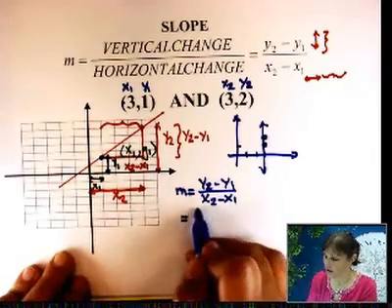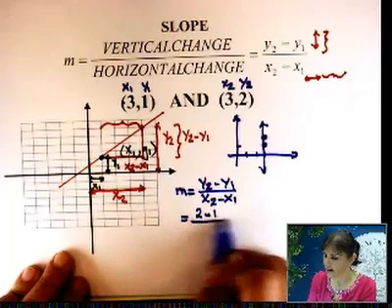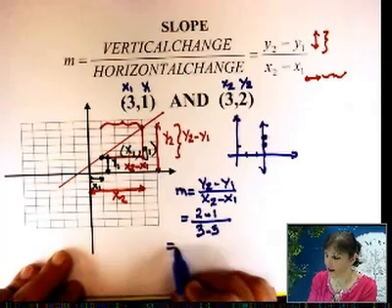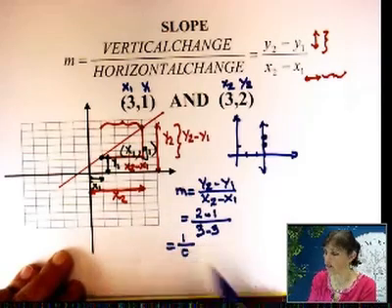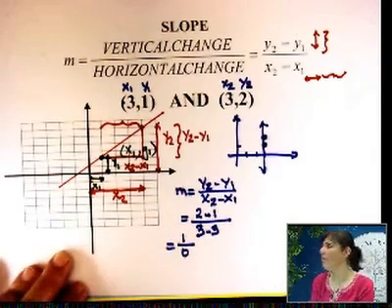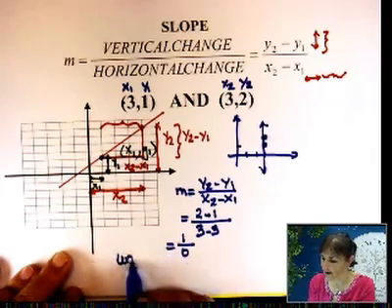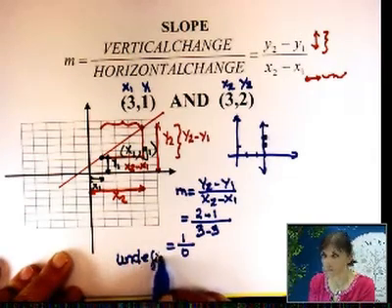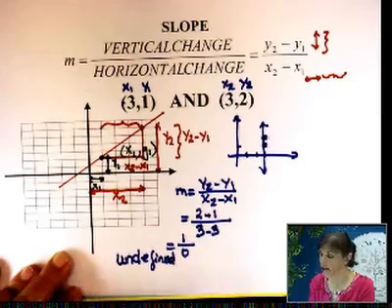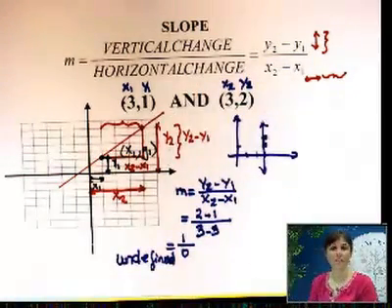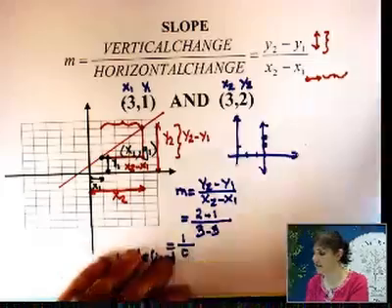Y2 is 2, Y1 is 1, X2 is 3, X1 is 3. You have 2 minus 1, 1 over 0. And you cannot divide by a 0, right? And that means this slope is undefined. Okay, and remember, previously I had told you the slope of a vertical line is undefined, so that is pretty consistent.